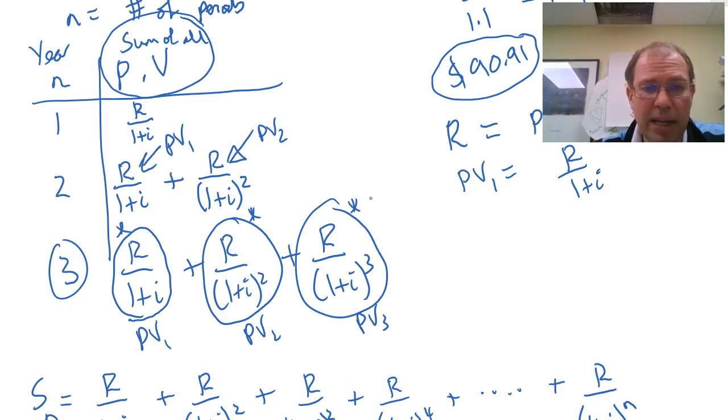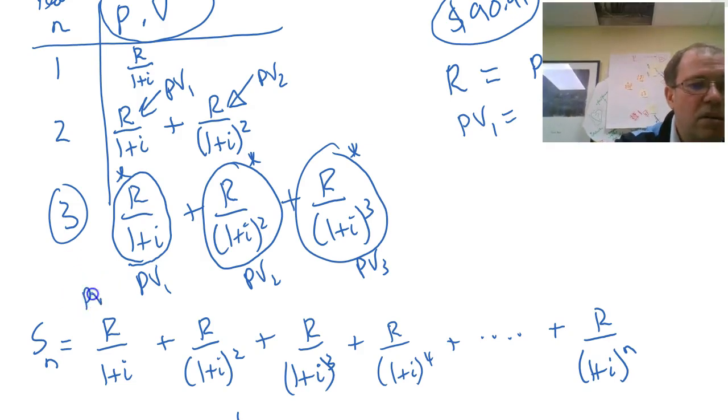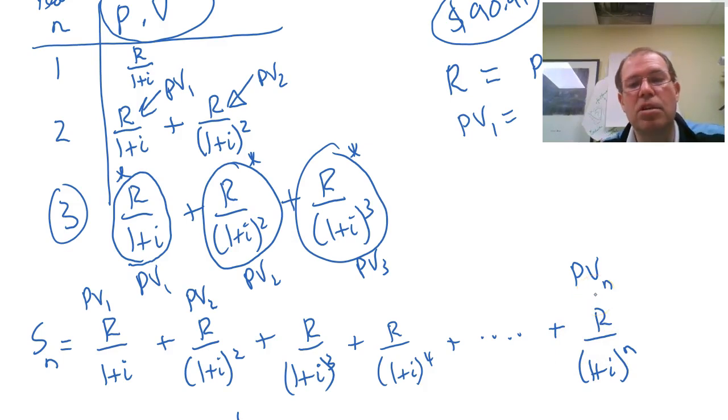Hopefully you've spotted as well it's a geometric series, which as a mathematician is very appealing. So we can write the total cost as the sum of the first n terms of all of our annuities. This is the present value of the first annuity, this is the present value of the second annuity, and so on. This is the present value of my last annuity, which will cost me the least in terms of present value because it's got so long to compound and get bigger.